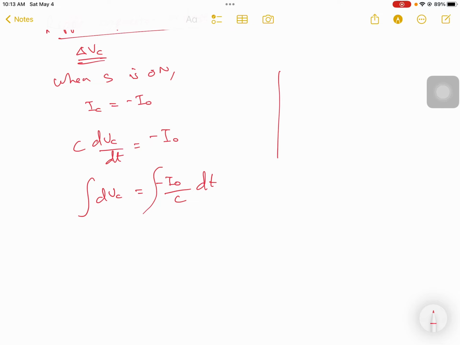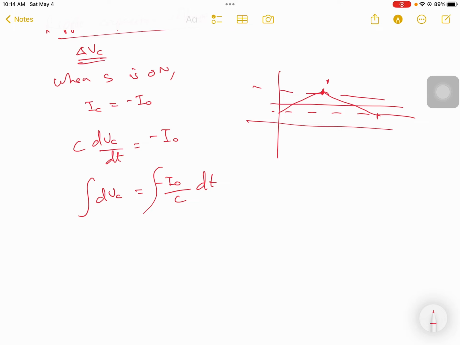Now looking at this, we have seen that the capacitor voltage is maximum, and it discharges from maximum to minimum.